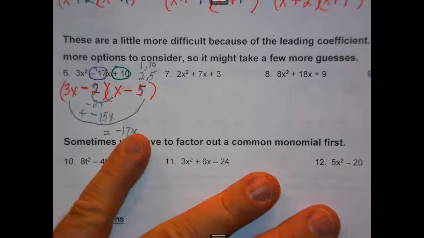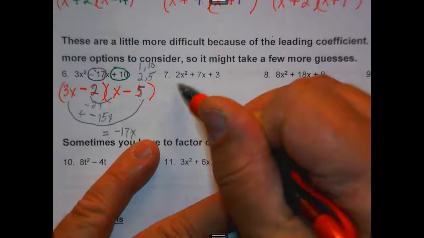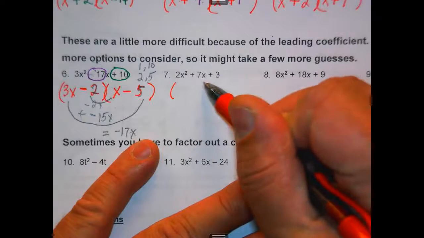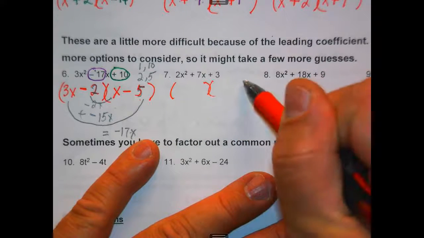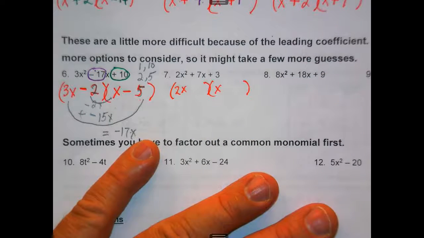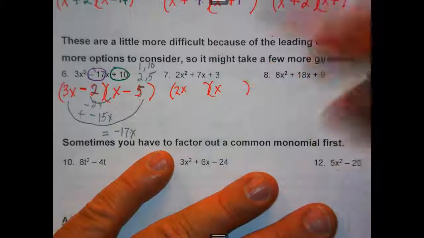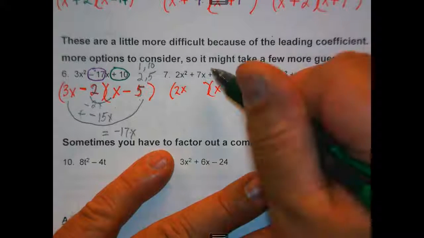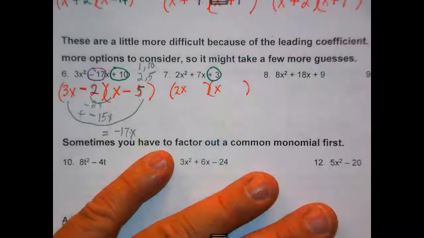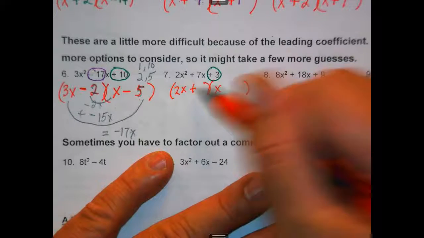Yeah, yeah. All right, number 7. It's still not too bad because there's only one way to get 2x squared, right? 2x times x. It's the only way to get 2x squared. Now, I have a positive 3, and that's not even too bad because they're going to add up to a positive, so they're both positive.